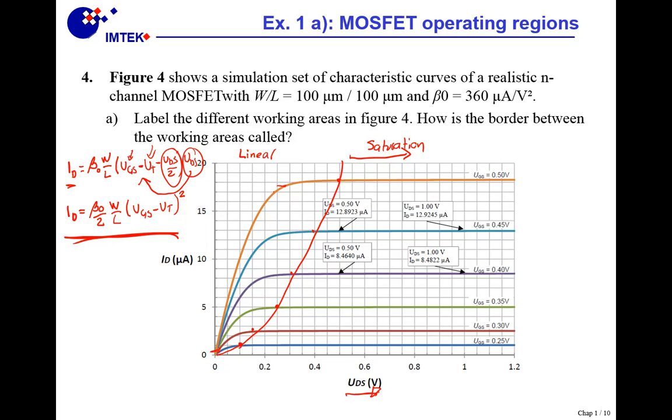Does it look familiar? Of course it looks familiar. This is what happens after this line here. It doesn't matter how much we change UDS. This current ID is going to remain the same because it's only dependent on UGS and UT. Of course, UT is also a material parameter. These are also material and design parameters, so it would only change if UGS changes.